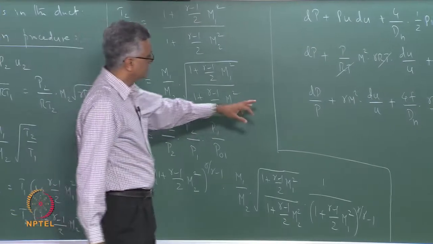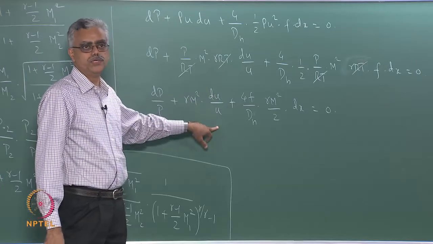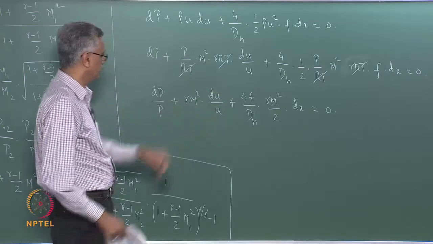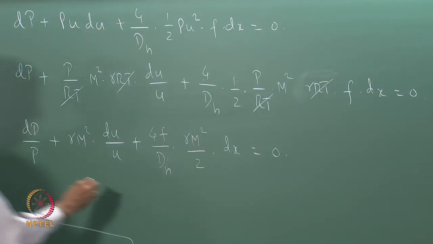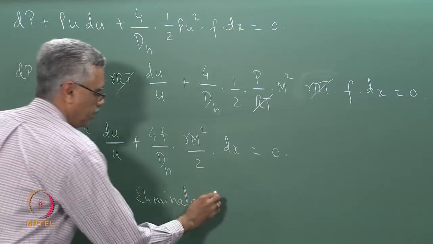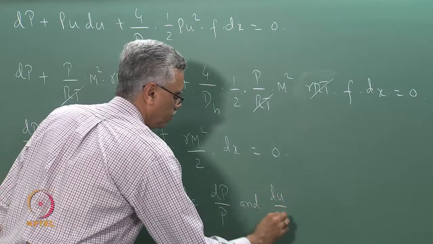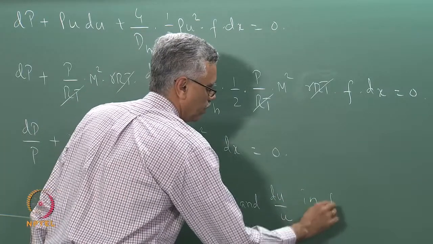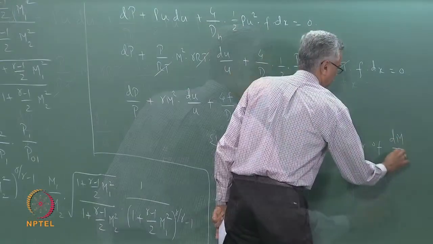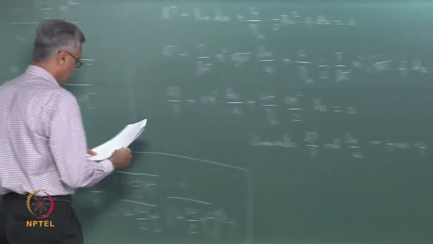And we derived relationships earlier for dP over P and du over u in terms of dM over M. So, if you use those relationships, eliminate dP over P and du over u in favor of dM over M, we can get a relationship that looks like this.